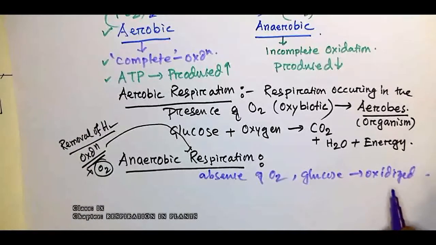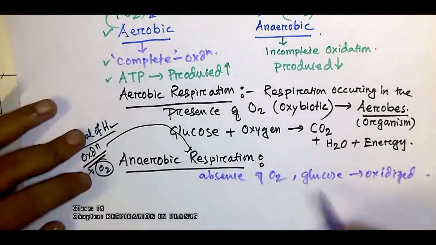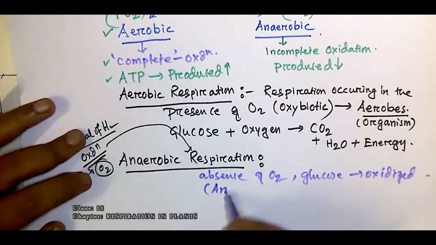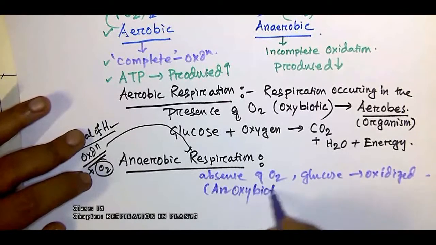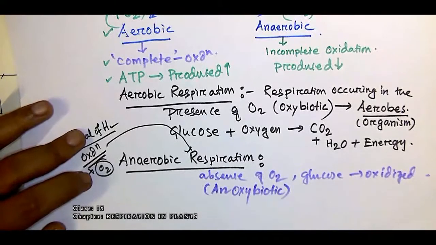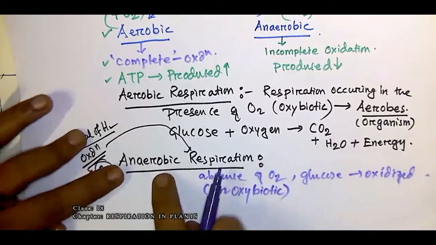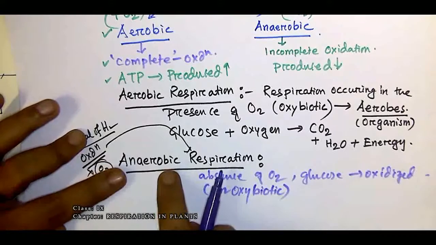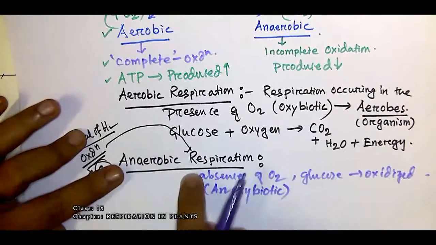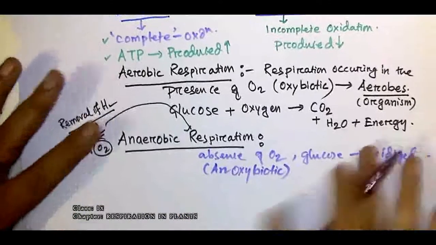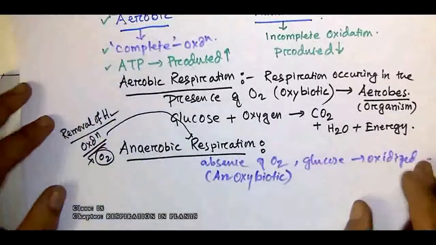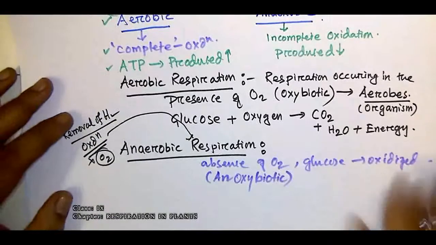Now, please understand, as oxygen is not involved, we use 'an', meaning without. Oxy means oxygen, biotic means life. So anoxybiotic process is the other name of anaerobic respiration. I believe it is clear to everyone. Now, let's understand the different types of anaerobic respiration which can occur.